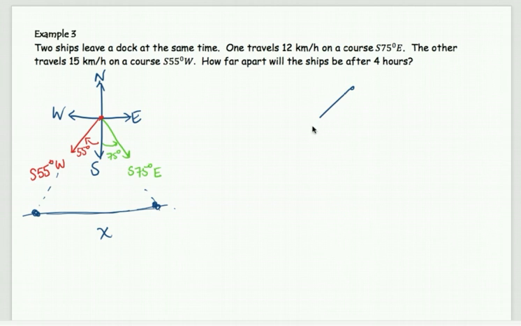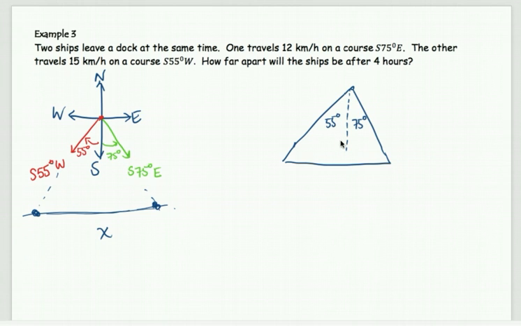Okay, so we're going to draw a diagram here, just with less information on it. Say that one gets further. Anyway, we have an acute triangle here, okay? All right, so this is where the south compass line is. So this one is traveling 75, sorry, this isn't to scale, and this one's going 55, okay?